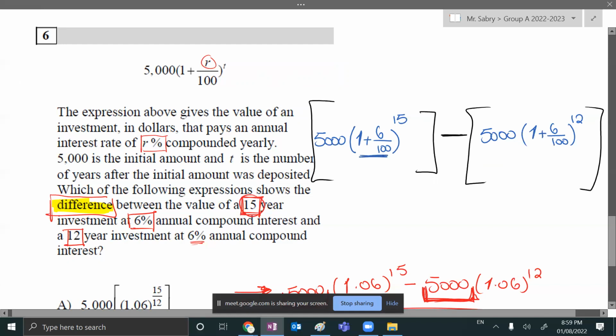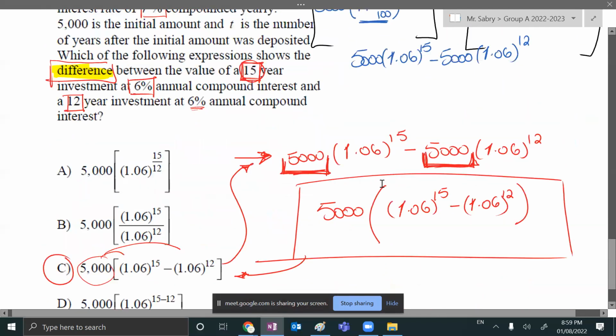When you calculate this part, 1 plus 6 over 100, it will come out as 5,000 multiplied by 1.06 to the power of 15 minus still 5,000 multiplied by 1.06 to the power of 12. When you look at the answers, you'll find that the answer does not really match the one that you got.